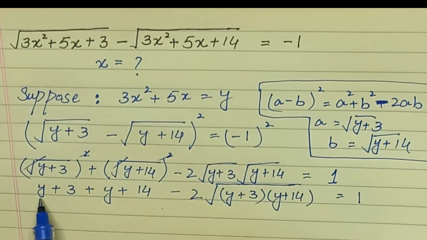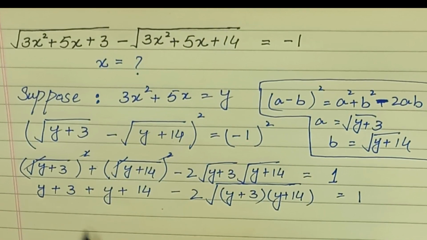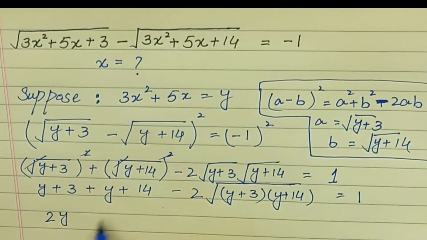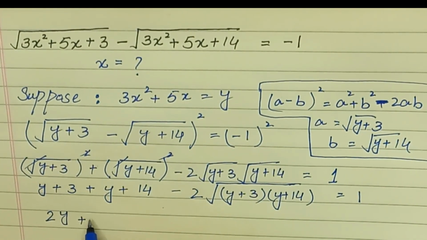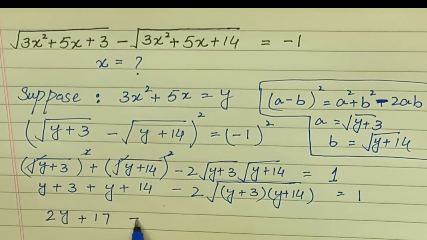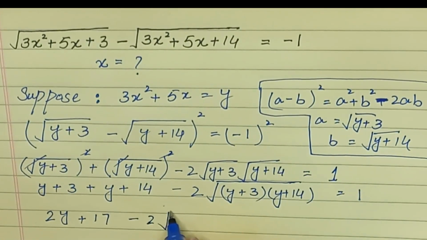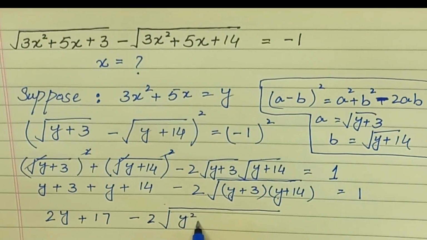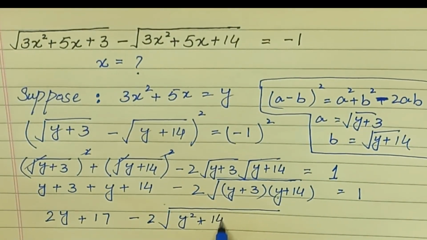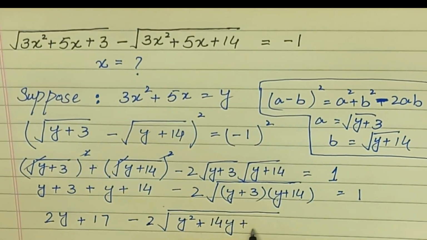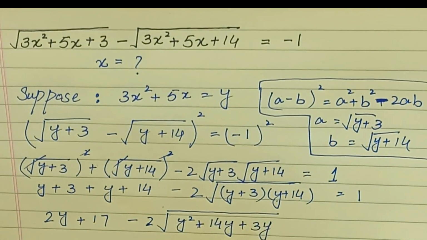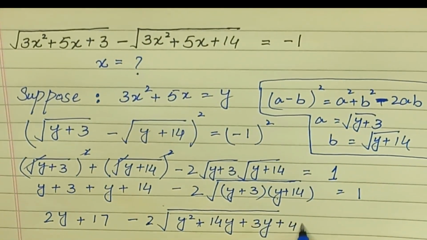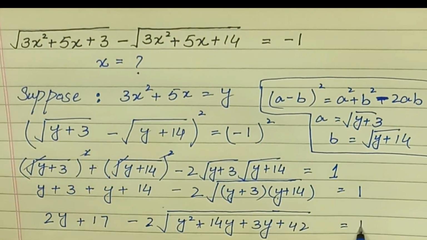Now we will add like terms like y and y. So y and y will become 2y and plus 3 and plus 14 will become plus 17 minus 2. So it will become y into y square, y into 14 14y, and then 3y plus 42, which is equal to 1.